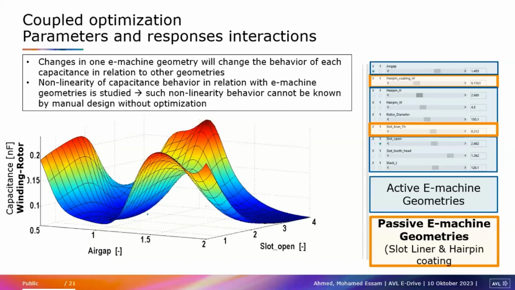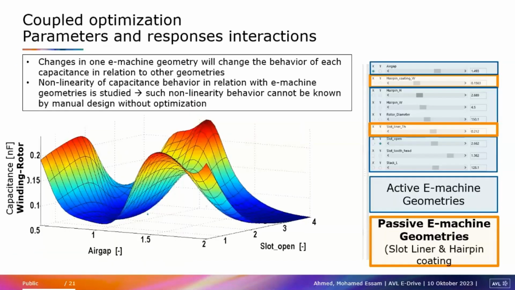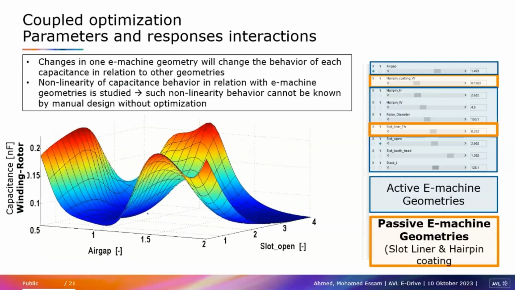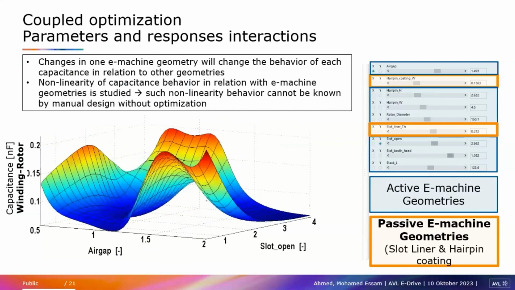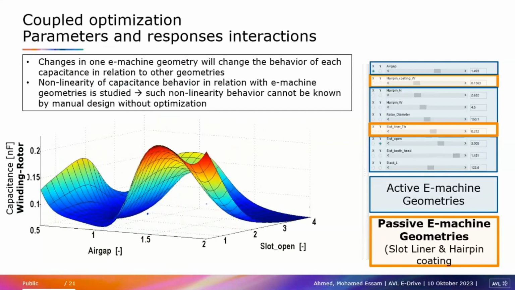So as you can see here, it's not only the insulation but also the air gap and the stack length. You can see I'm changing the hairpin height, and the whole capacitance changes with air gap and slot opening. So for sure, the active geometry also has influence. Thank you very much.